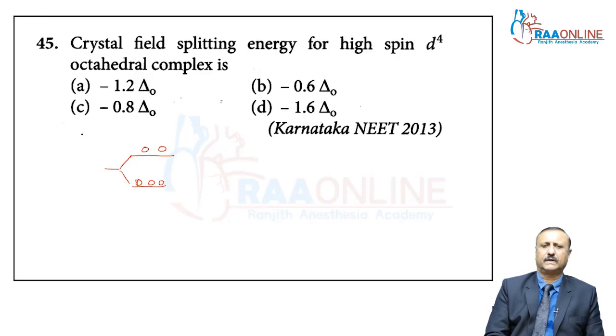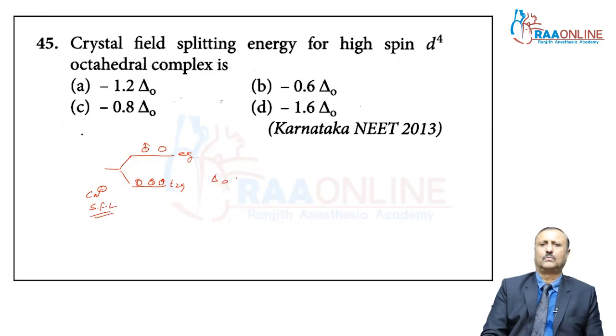Here 4 electrons, 1, 2, 3 and 4, all are present in the t2g and eg orbitals. Okay, it is a high spin, my dear students. High spin means unpaired electrons are maximum. Now, weak field ligands are present, which do not come close to the metal ions, so they make high spin complexes.